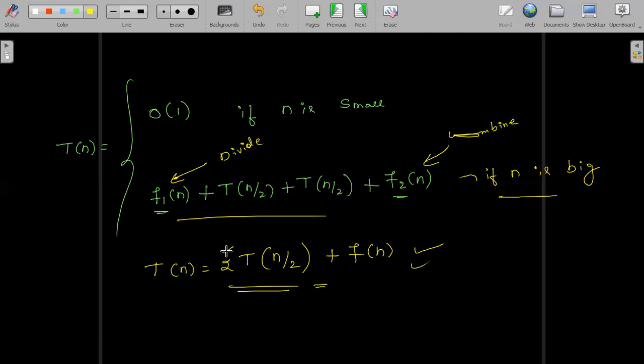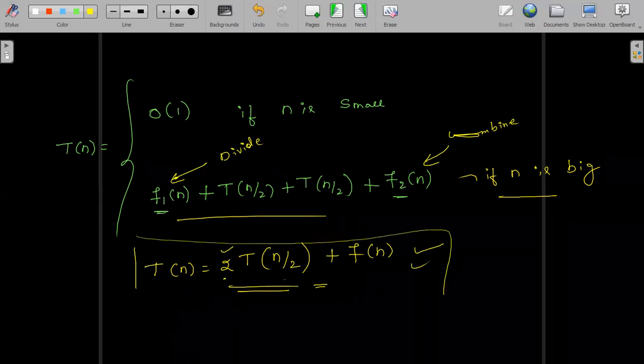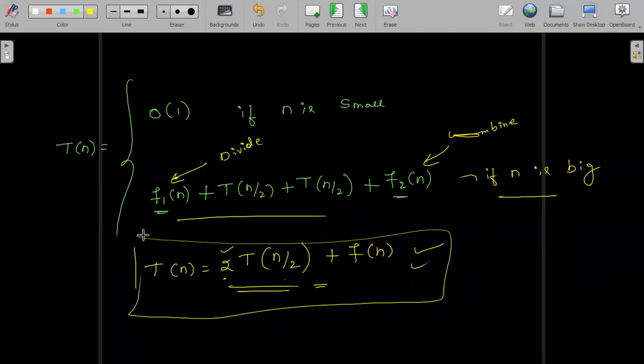Now you got the A. Two sub problems are there. Correct or not? Two sub problems are there in your particular problem. Okay. This is the size of the sub problem, n by 2. Understand now? So this is how you form the equation.